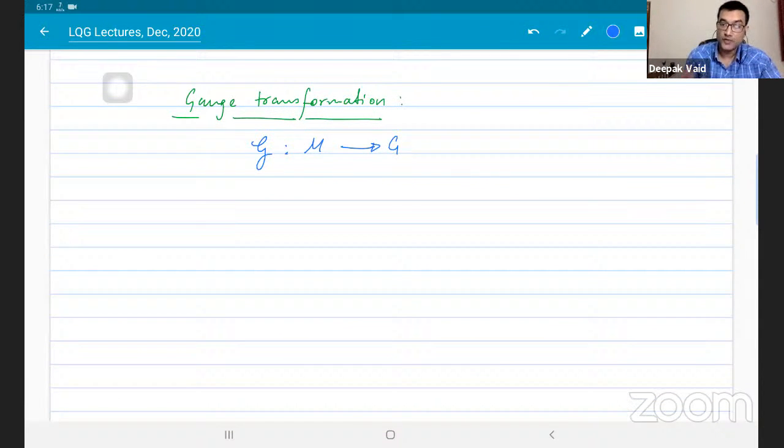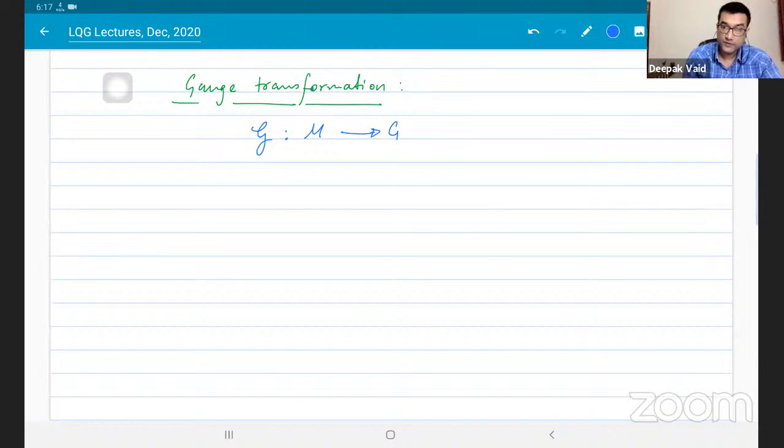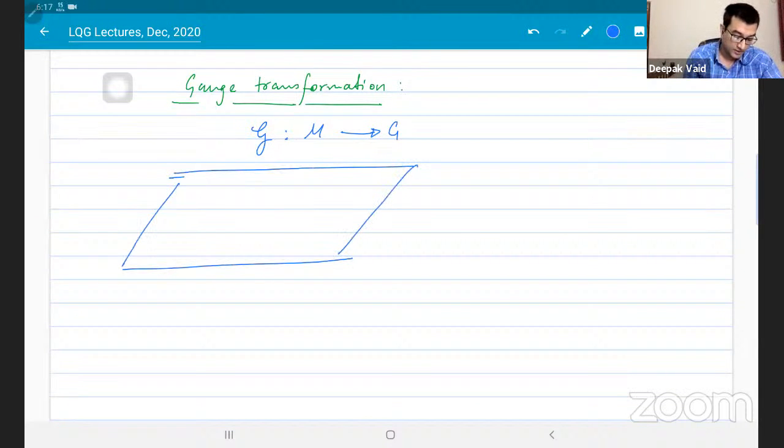If you have a U(1) field, for instance, you assign a complex phase at each point of the manifold. One way to visualize the effect of a gauge transformation is to consider this: let's say you have a spinor field defined on space-time. Or you don't even need space-time, you can think of a lattice.